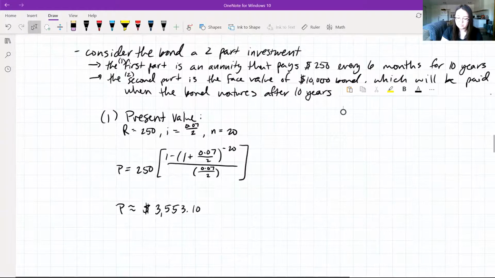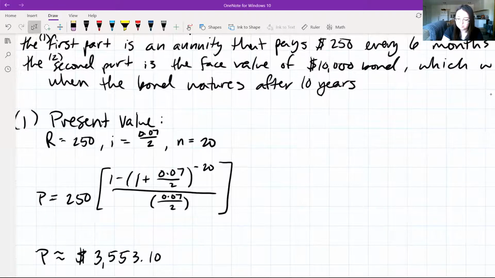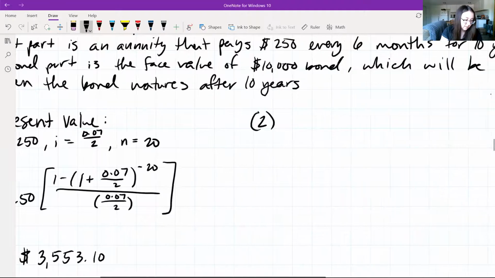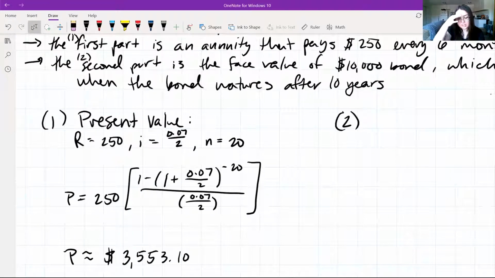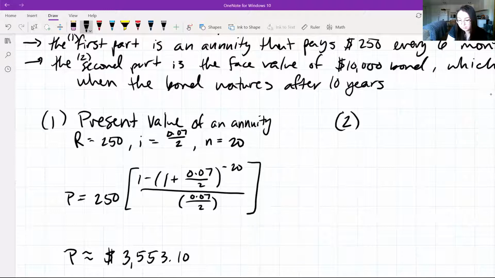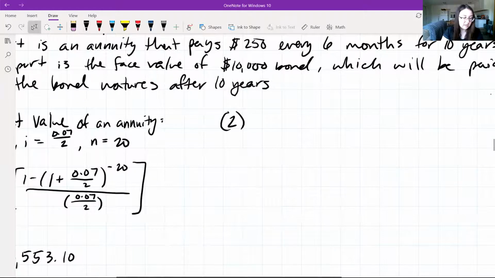So this present value that we found in the first part is the present value of an annuity.